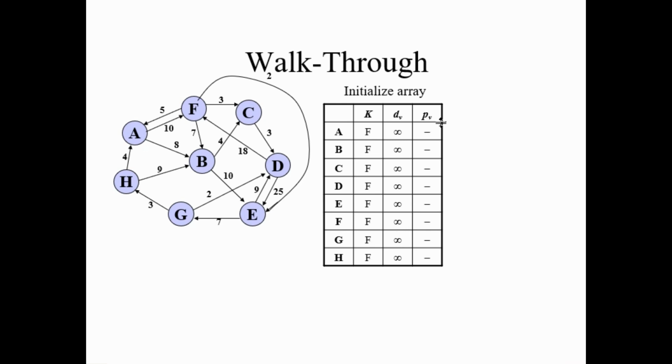And the last column represents the node from which we have reached this destination node. For example, if we start from G and go to A, how we are reaching A will be represented by this value. You will see shortly how this is filled up.